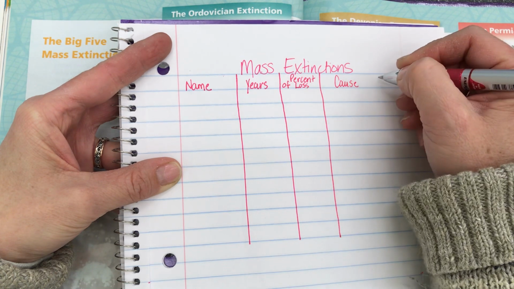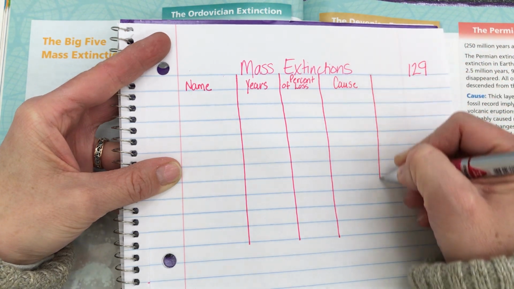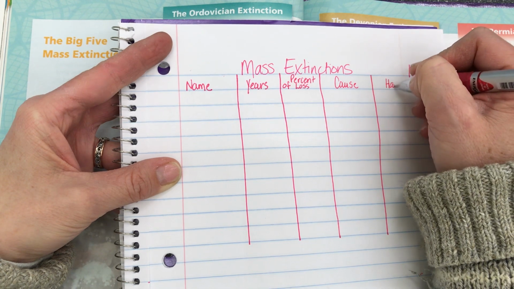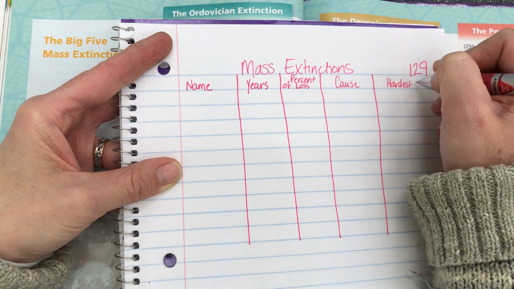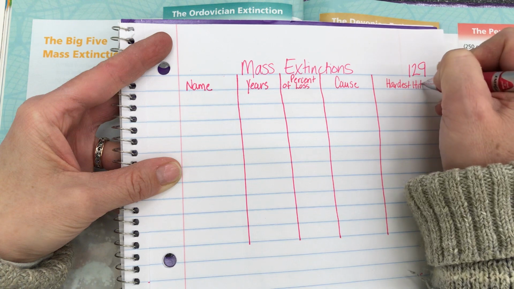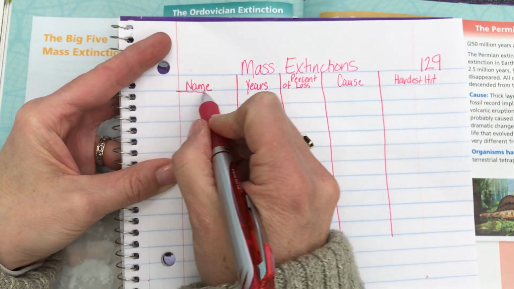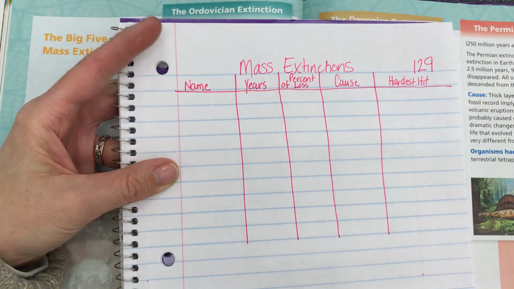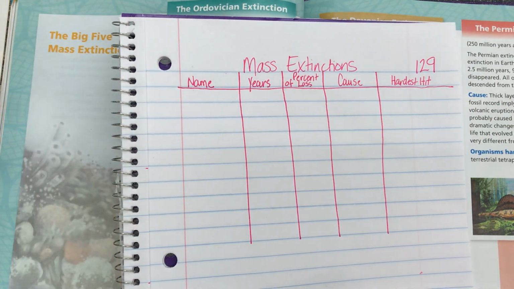We're going to make that one just a little bit bigger. And then hardest hit, and these are the species that were most affected. Okay, and we'll be going along and recording this information together.